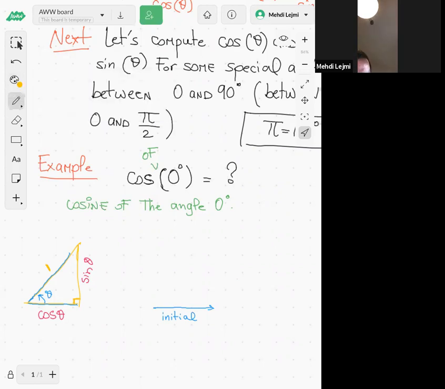So the hypotenuse coincides with the initial side.